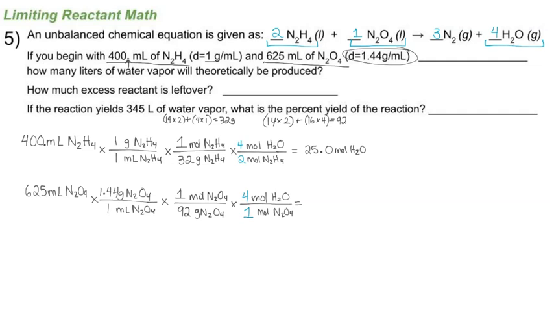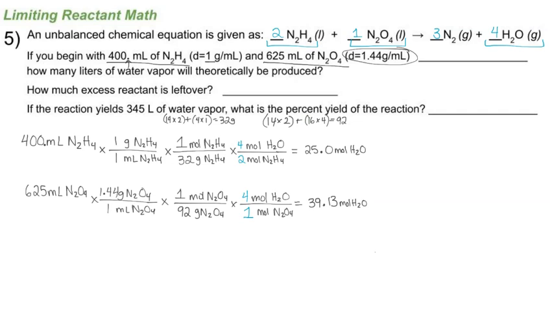So I get 39.13, and I'll stop there because I'm only going to keep 3 sig figs in the end, moles of H2O. Okay, and so we are looking for the lower number because we know that once we run out of one of our reactants, we'll have to stop. So we can't actually produce 39.3. We can only produce 25 moles of H2O.